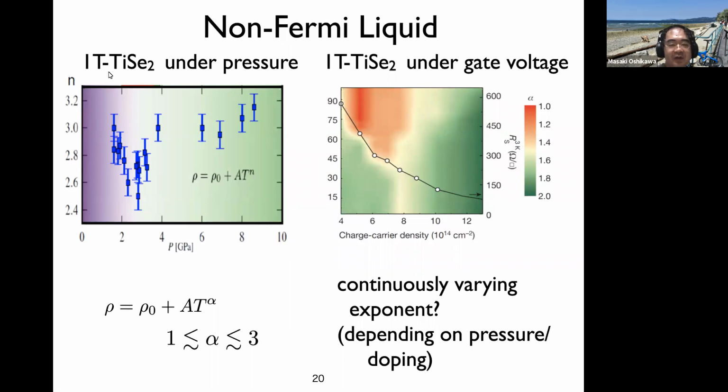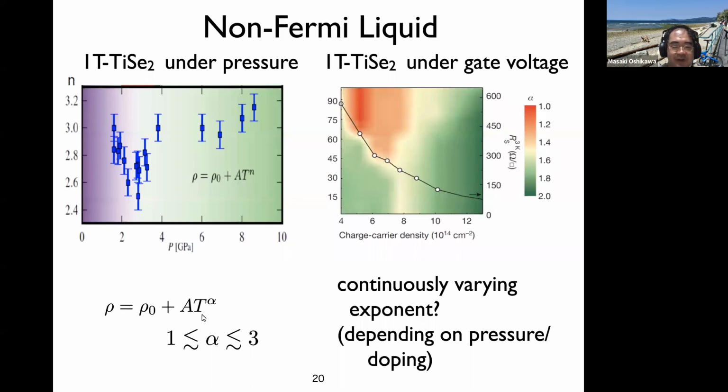And this is somewhat different material, but similar to the tantalum disulfide I introduced. This is titanium diselenide, and we think we can apply a similar framework. In this material, they interestingly observed non-Fermi liquid transport.